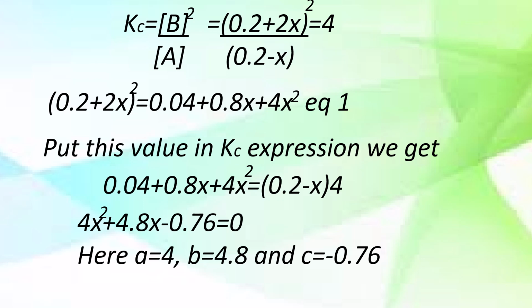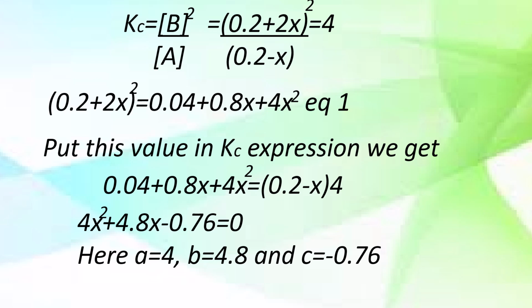Now (0.2 plus 2x) whole square. As you already know, (A plus B) whole square is equal to A square plus 2AB plus B square. In the same way, (0.2 plus 2x) square is equal to 0.2 square, which is 0.04, 2AB would be 0.8x and B square would be 4x square.